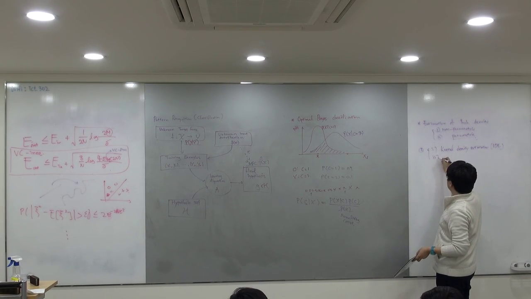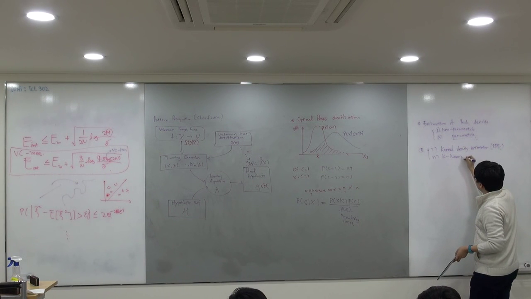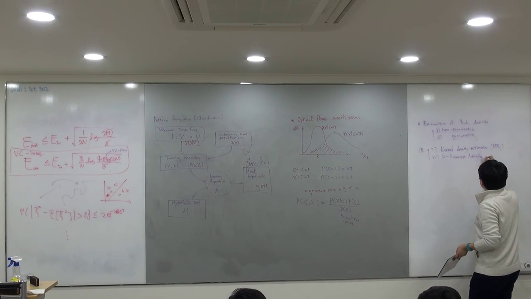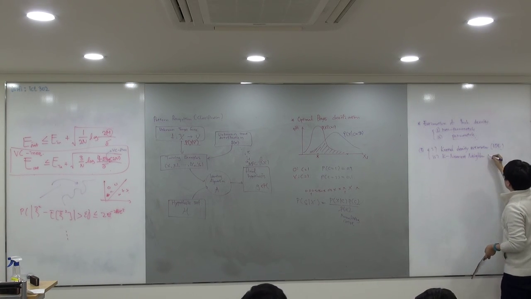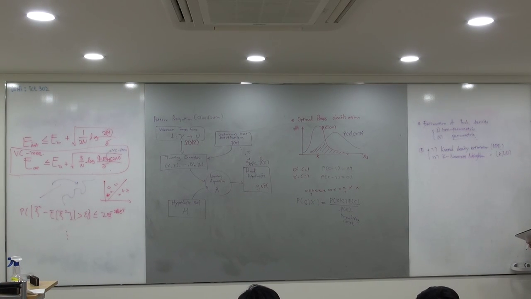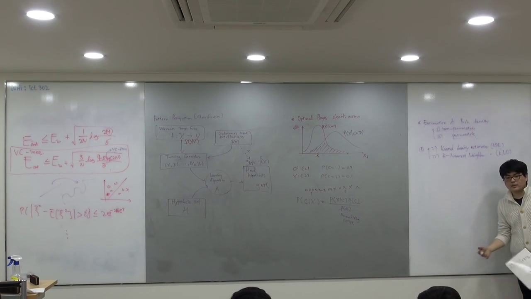The second is the KNN estimator. I think many of you know K-nearest neighbor as just a classifier.